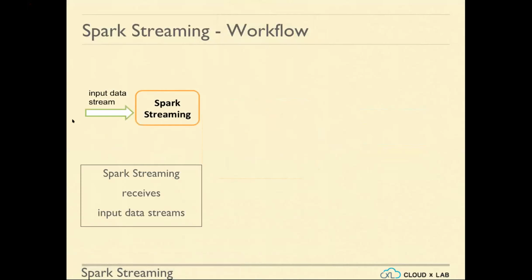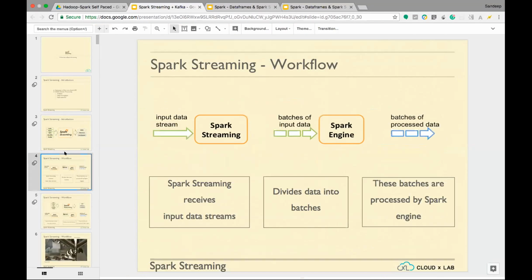I'll just go into the usual mode. This is better for me. All right. So how does Spark Streaming work? The way Spark Streaming works is we have an input data stream that goes to Spark Streaming. Spark Streaming is a library that receives the input data from the input streams.